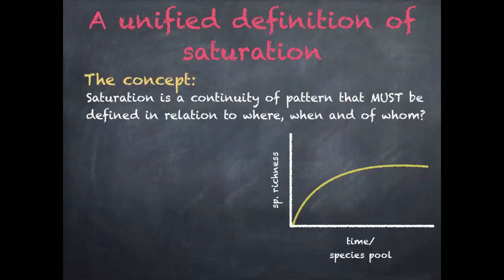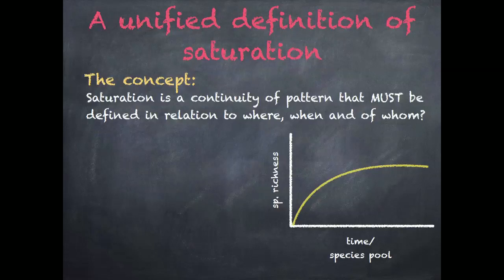We wanted to unify this concept of saturation, because there are many studies that say saturation can be demonstrated, and many that are against it. We figured that this is because most of the studies don't specify saturation in relation to what.